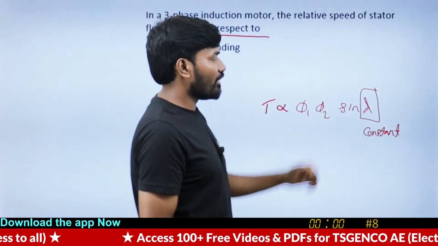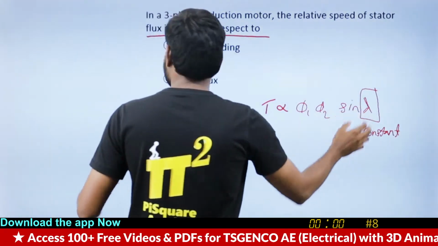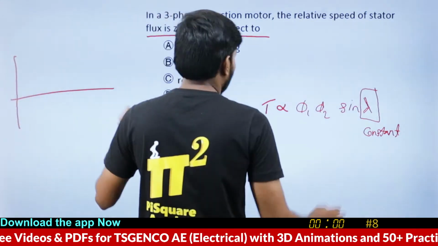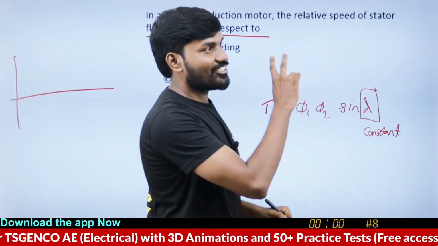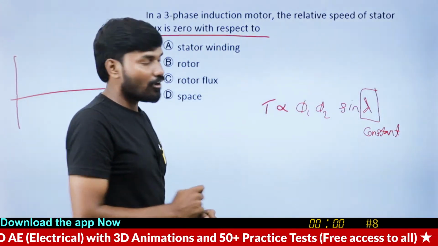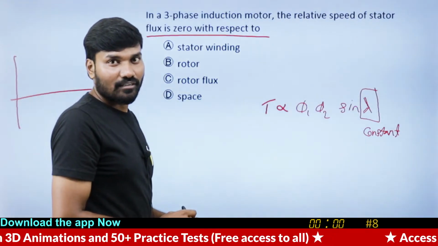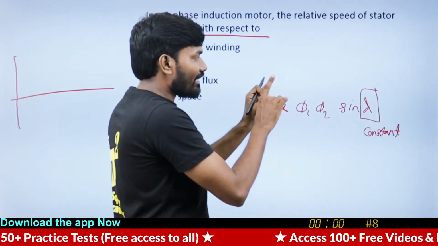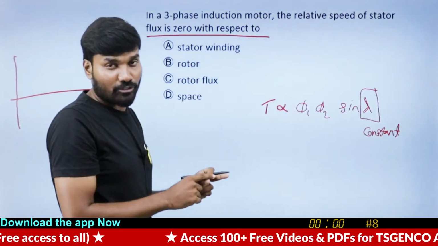If this angle is changing, what does it mean? Both are not stationary to each other. Phi1, phi2 are not stationary to each other, means both phasors, let's take it as phasors, there is a speed difference. They are rotating at different speeds, if we talk about the phasor diagram.